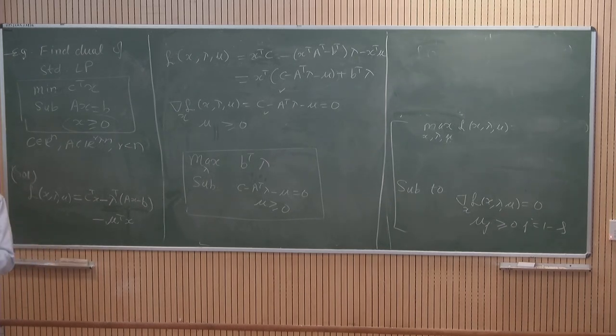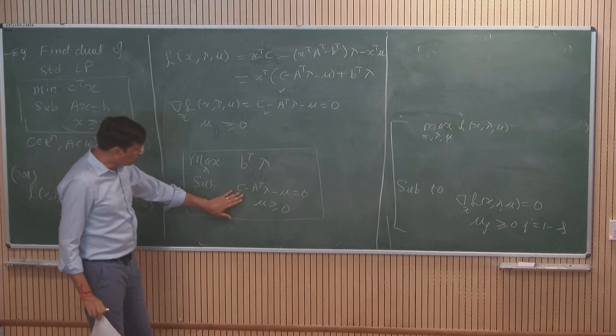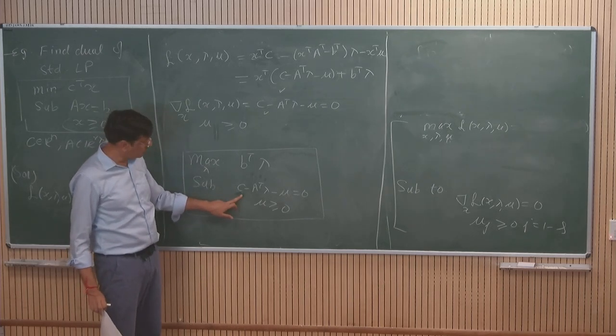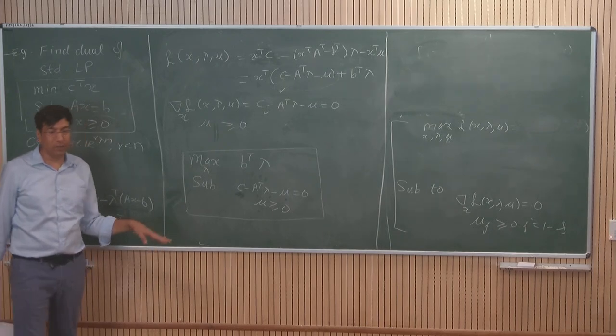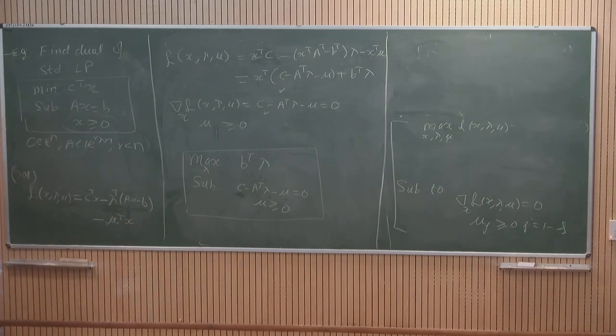So instead of minimizing a function which has a million unknowns, you're minimizing a function with only 100 unknowns. Although the constraints will still carry the dimension n with you, the objective function dimension is dramatically reduced. So that is one of the advantages of dual problems. Sometimes they are more efficient to solve. Is that okay? All right.